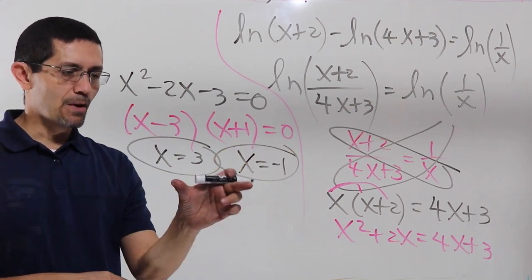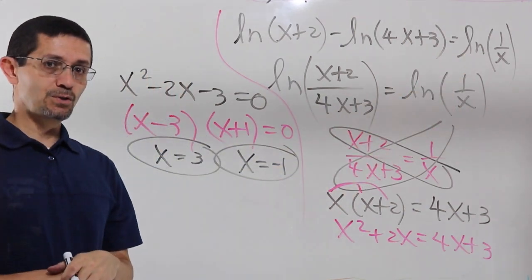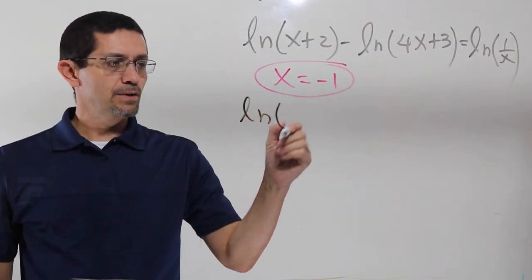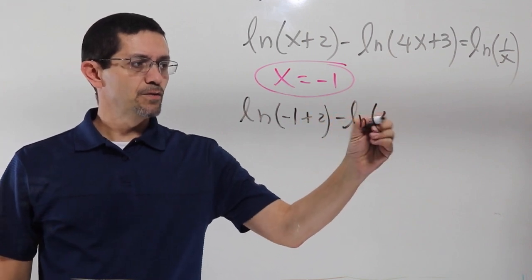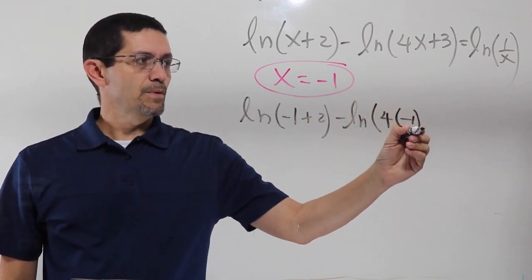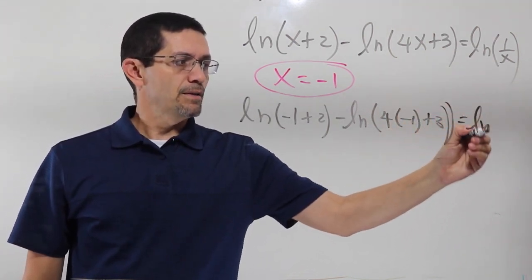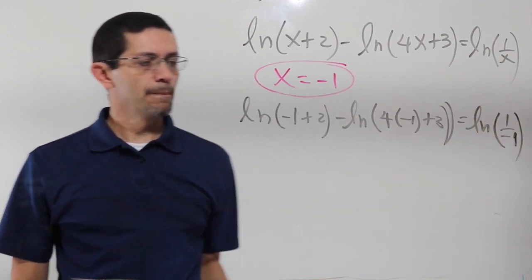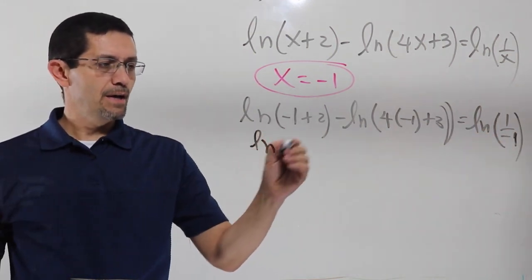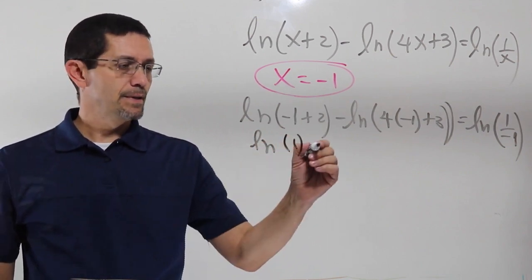All right, now I'm going to try these two values in the original equation. Let's see which one works. So I have ln of negative 1 plus 2 minus ln of 4 times negative 1 plus 3 equals ln of 1 over negative 1. Here, negative 1 plus 2 is 1, and this is fine.